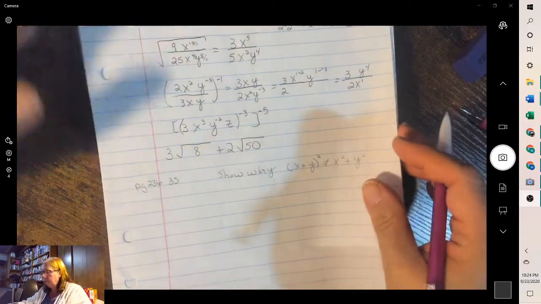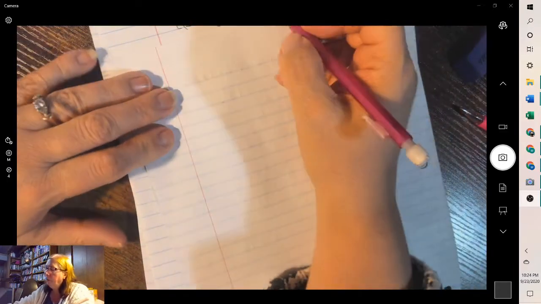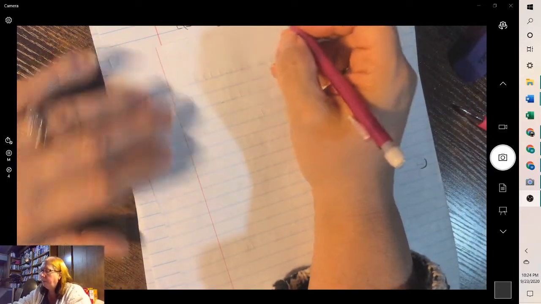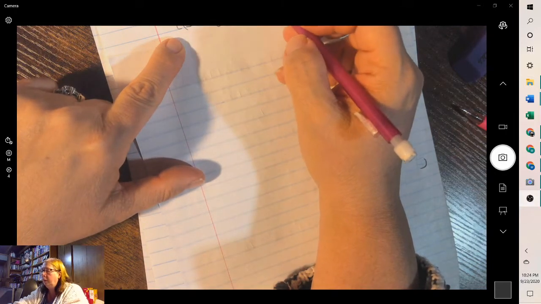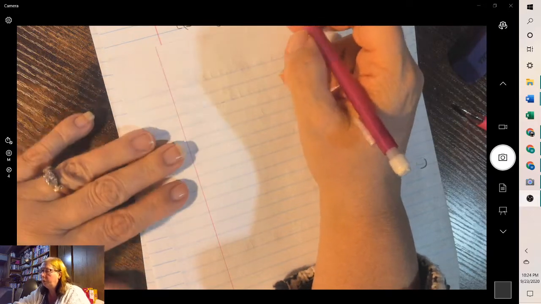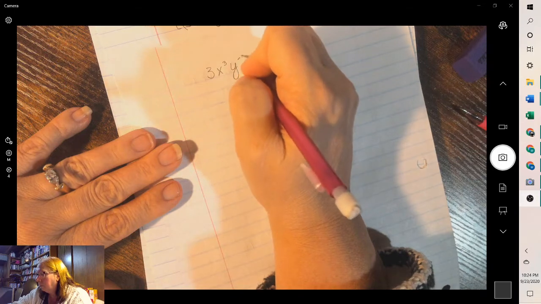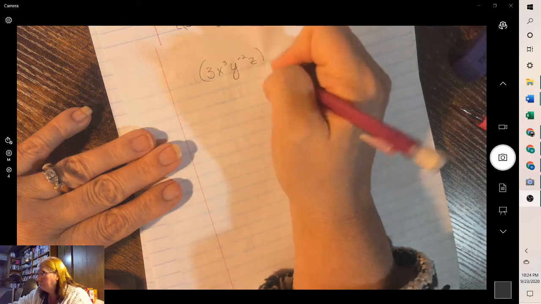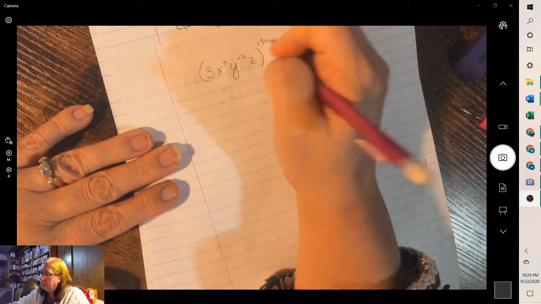I'm running out of room, let me write these on another paper. So this, I would multiply these first because notice this whole thing is on this one and then this is on that. So we can multiply these exponents first. Negative 3 times a negative 5 is a positive 15.